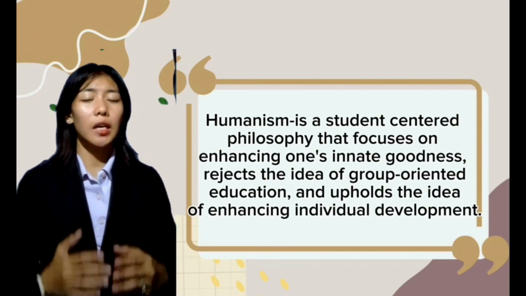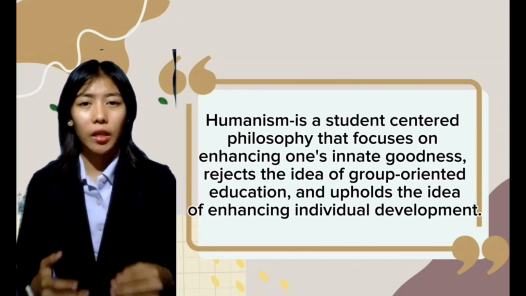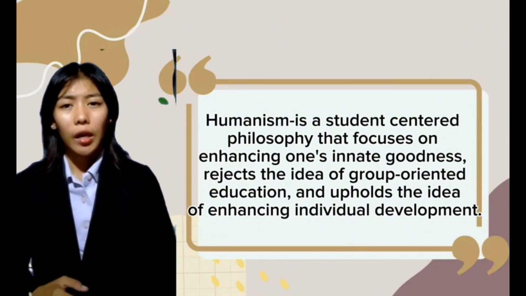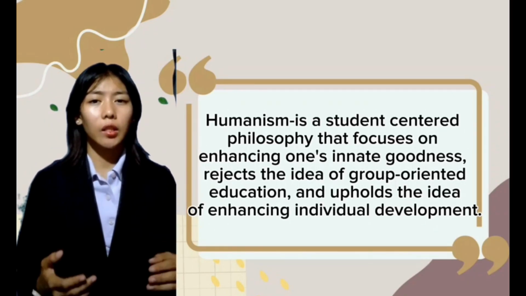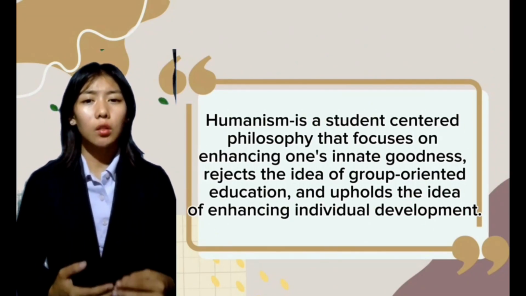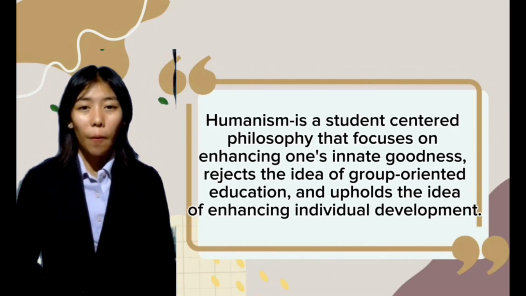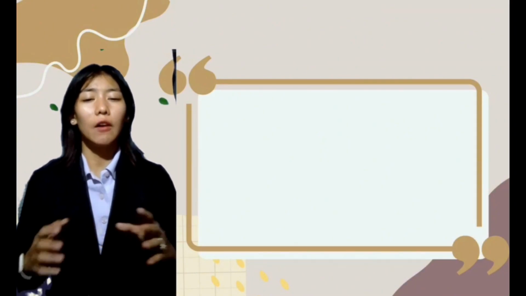Second, we have humanism. It's a student-centered philosophy that focuses on enhancing one's innate goodness and rejects the idea of group-oriented education and upholds the idea of enhancing individuals' development. This philosophy also believes that students should be actively involved with their education on all levels.